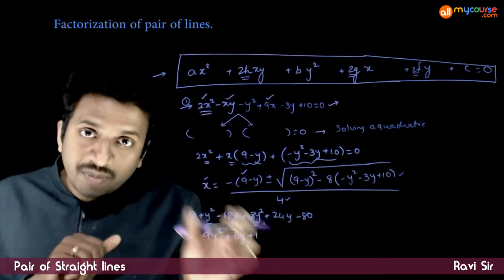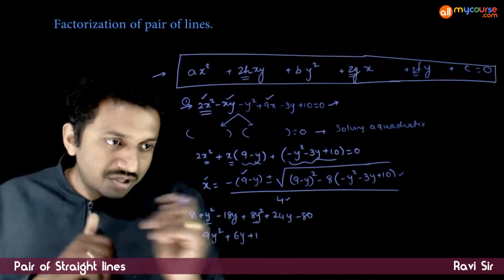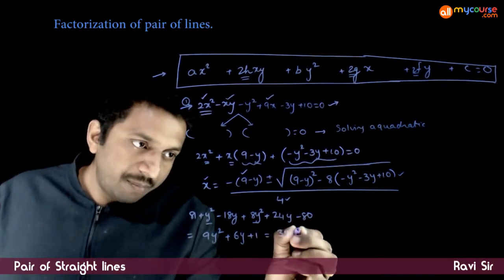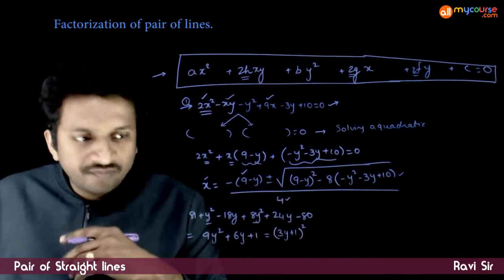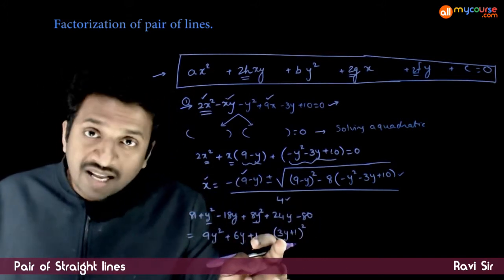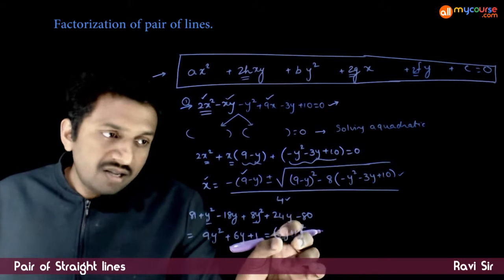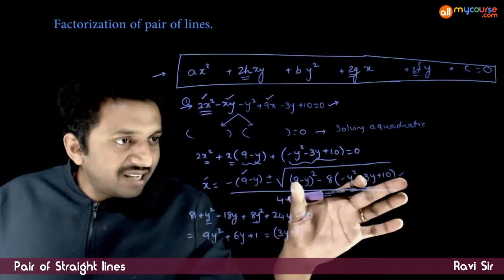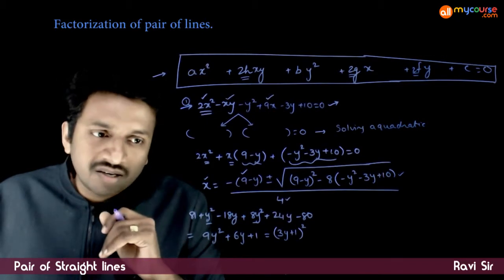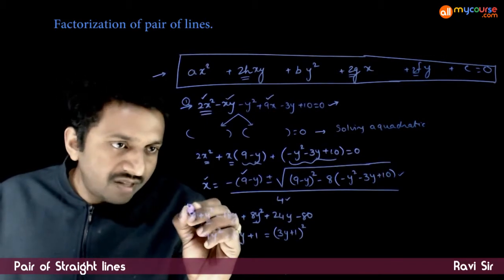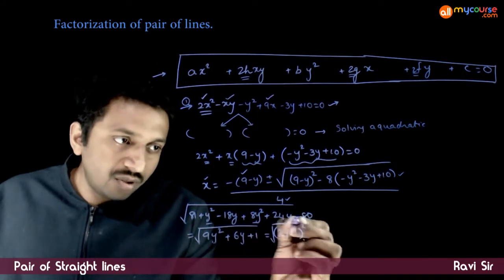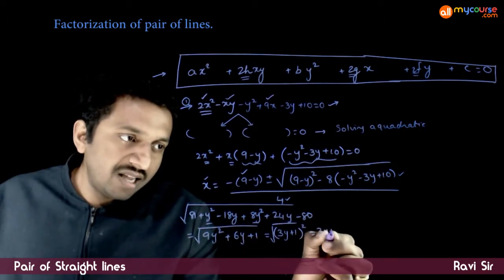So by chance, is this a perfect square? This looks so. This can be written as 3y plus 1 whole square. Right? 3y plus 1 whole square is 9y square plus 1 plus the 2ab term, 6y. Luckily, this term has turned out to be a perfect square. So the root of this is equal to 3y plus 1.